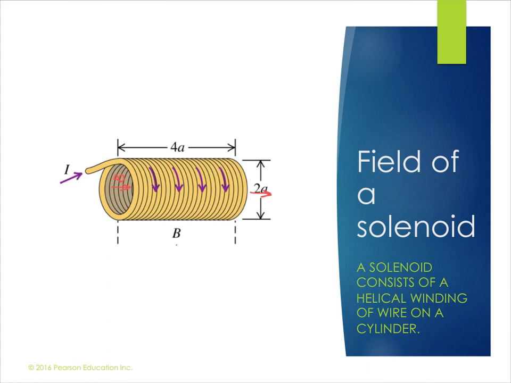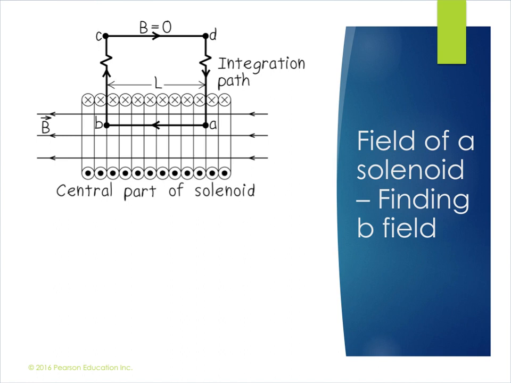Let's use Ampere's law to derive the expression. Now, this is a little bit different. What we're doing is a cutaway view of the solenoid, which basically means we're going to chop it in half.